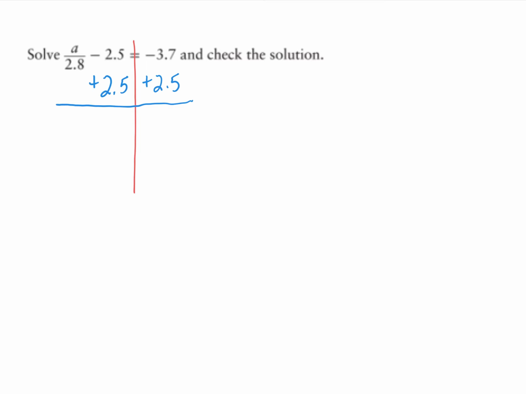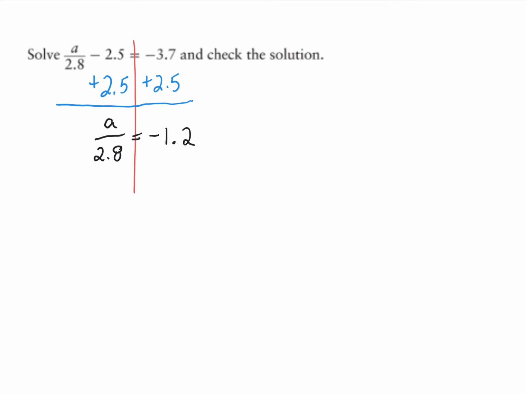Now, on the left-hand side, my 2.5 is gone. I have a over 2.8 equals, and on the right here, I'm going to use my calculator, negative 3.7 plus 2.5 is, let me do a quick number crunch in my head here, going to be negative 1.2.